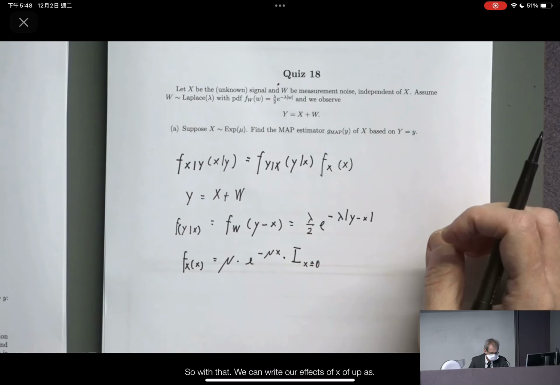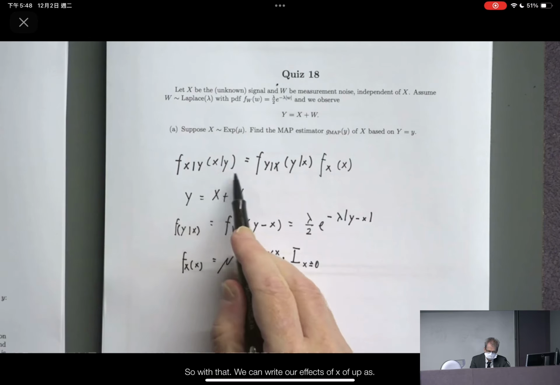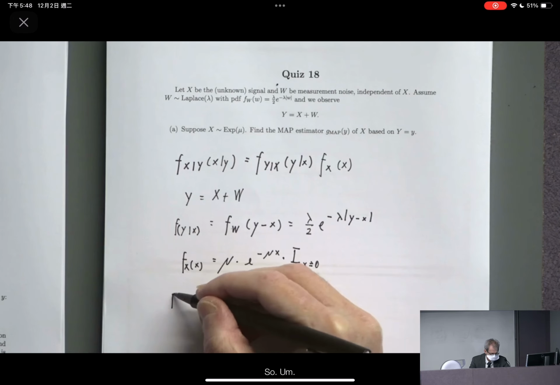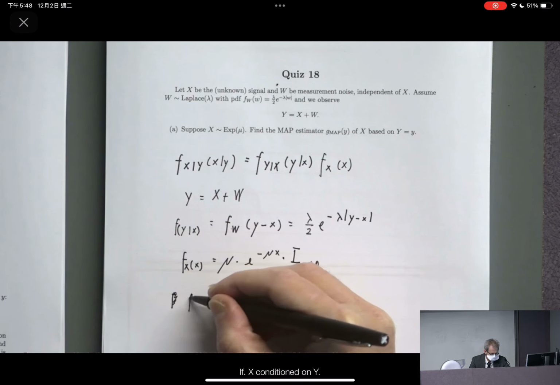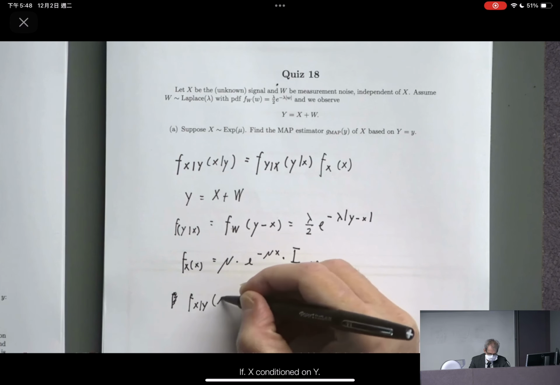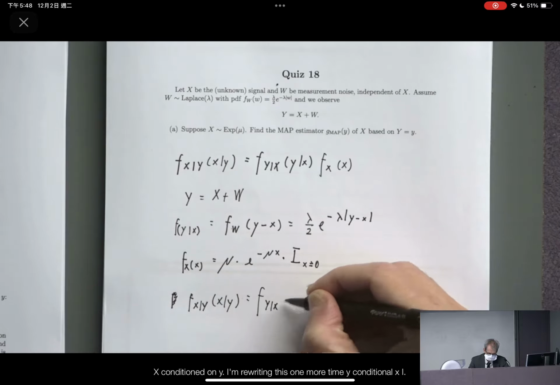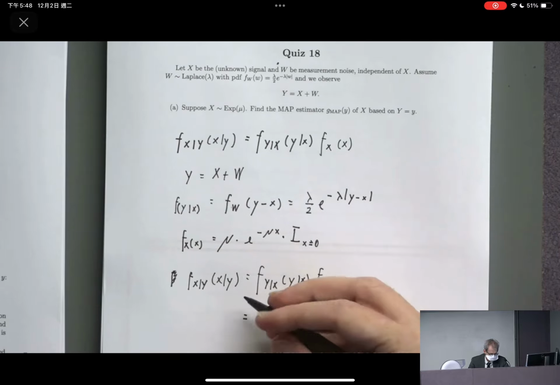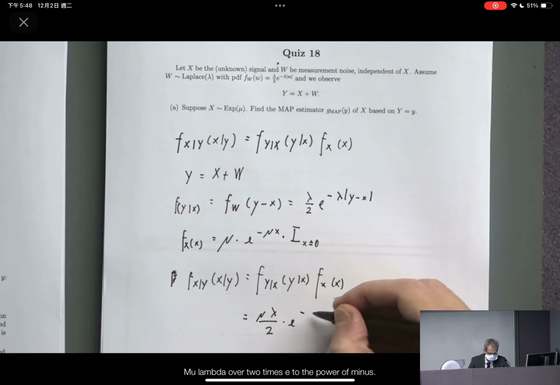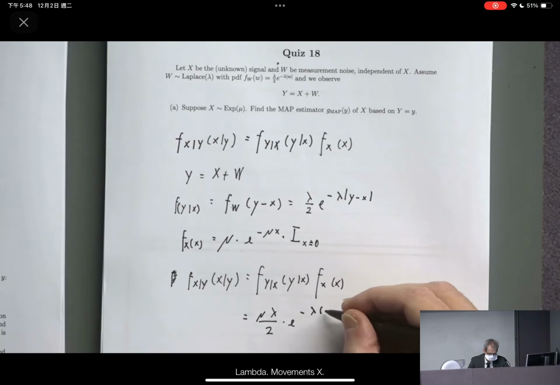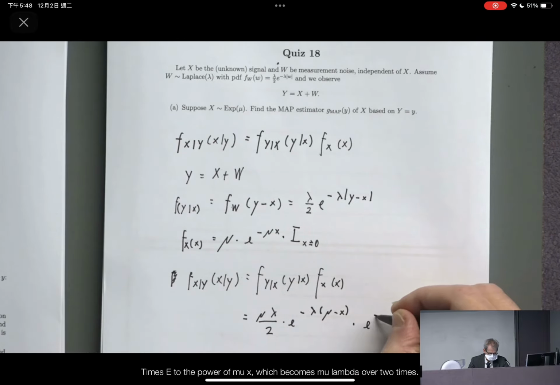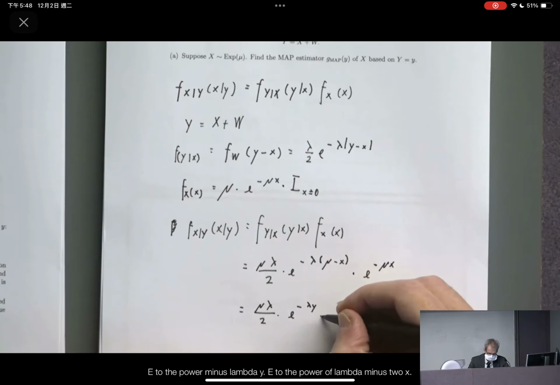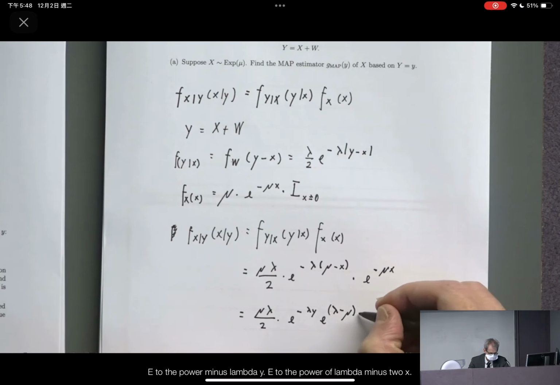With that, we can now write f of x conditioned on y, rewriting it one more time, as f of y conditioned on x times f of x, which is mu lambda over 2 times e to the power of minus lambda times the magnitude of y minus x, times e to the power of minus mu x, which becomes mu lambda over 2 times e to the power of minus lambda y, e to the power of lambda minus mu x.